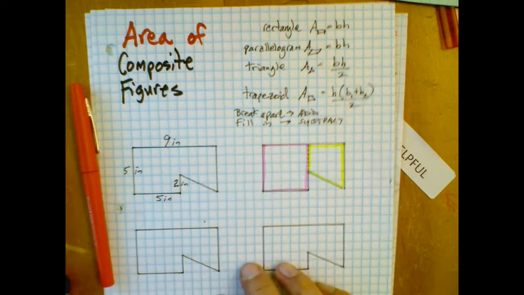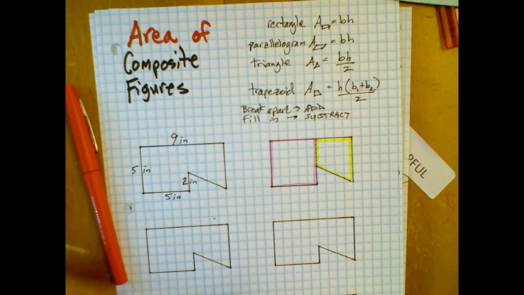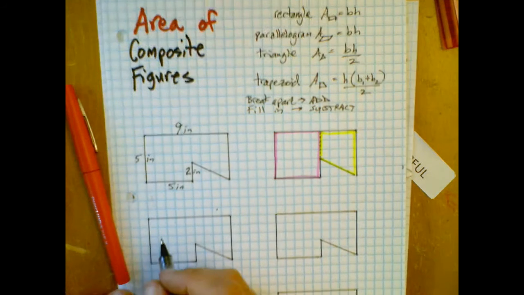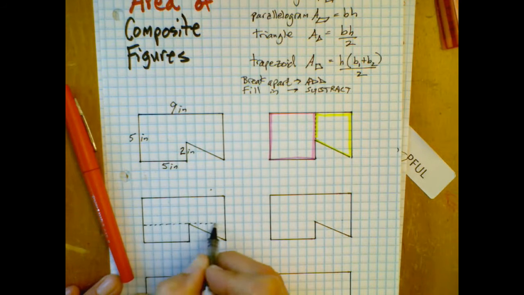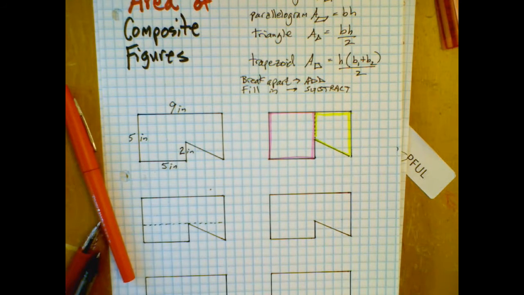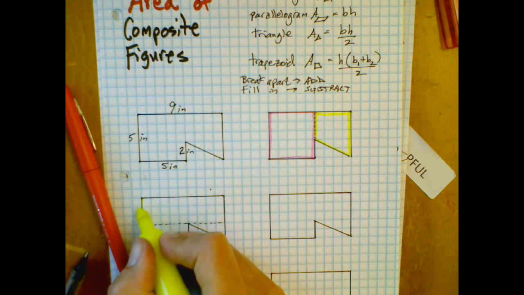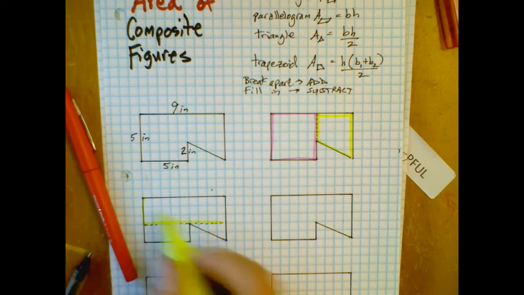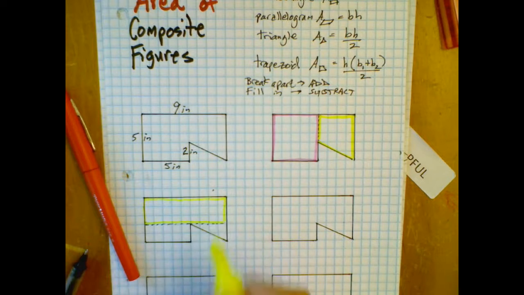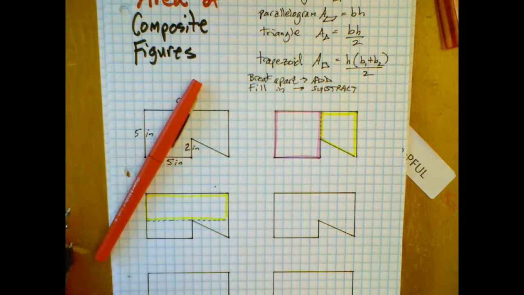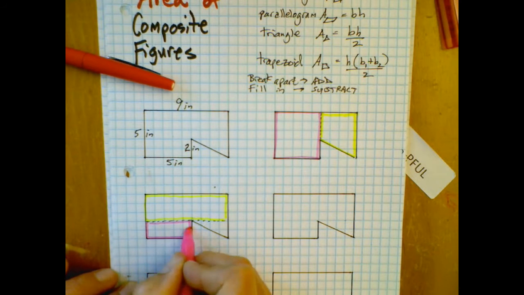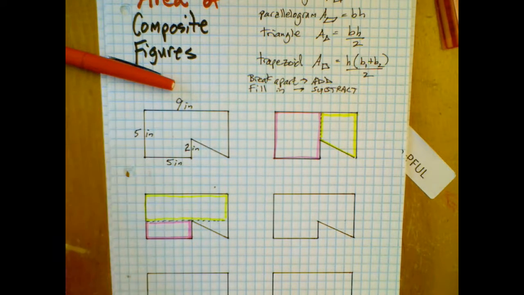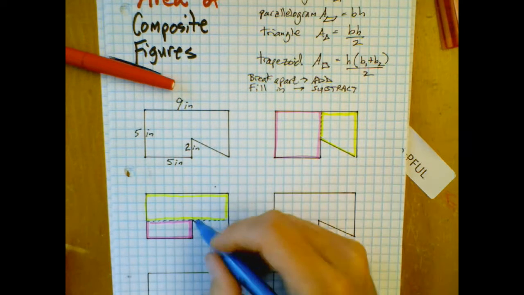What's another way I could divide this up? Well, I could also split it this way. If I make a cut this way, then you can see now I have one rectangle, here's another rectangle, and then in this case, I also have a triangle.